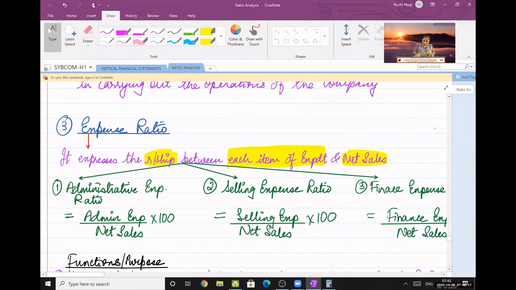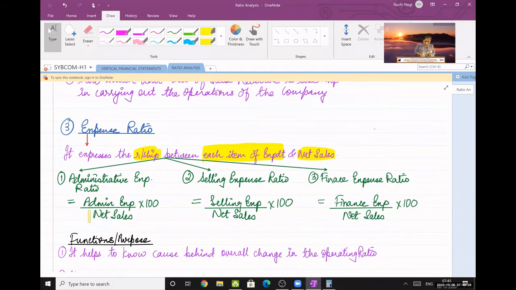You can see here in the formula where I have expressed. First, expense ratio may be, there are three sub expense ratios. Admin. I told you now, your denominator will be same, and this 100 will be common. Everywhere denominator is same. So this is one of the easy ratios to remember. Only the numerator is changing.